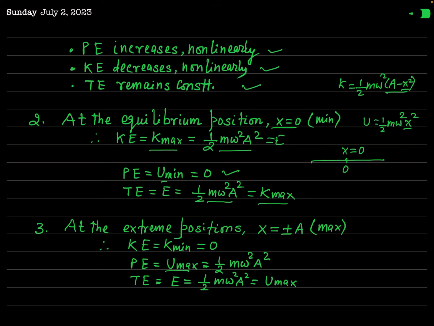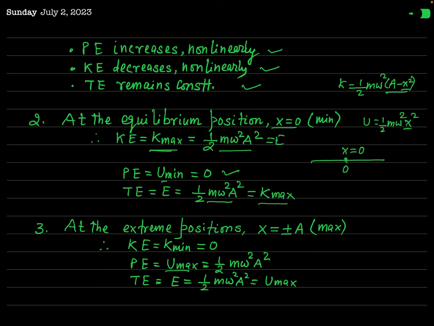So it is evident that at the equilibrium position, the total energy of the oscillator remains in the form of kinetic energy. There is no potential energy when the oscillator is at its equilibrium position. 100% of the energy is in the form of kinetic energy. I think this point is clear to you.